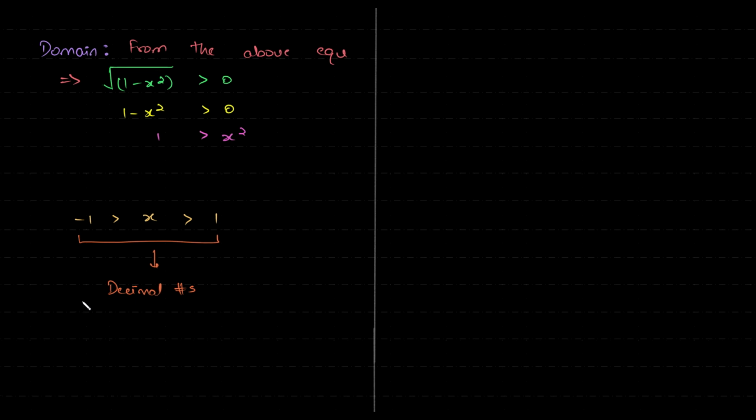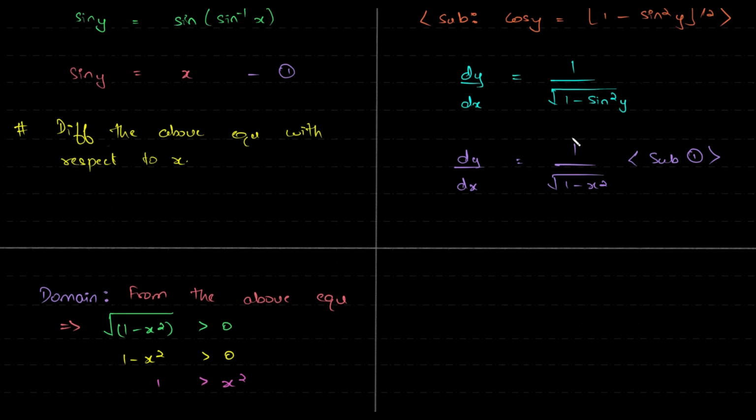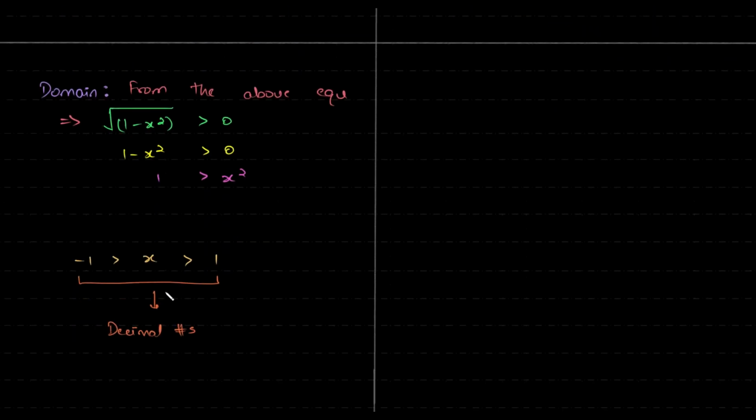Does it make sense? Only then will this equation make sense. If I give any number more than 1 or equal to 1, we'll get an imaginary number, which is not what we are looking for. So your domain will remain this.